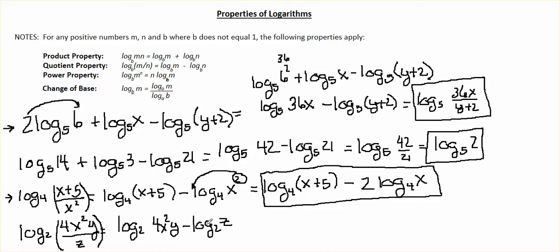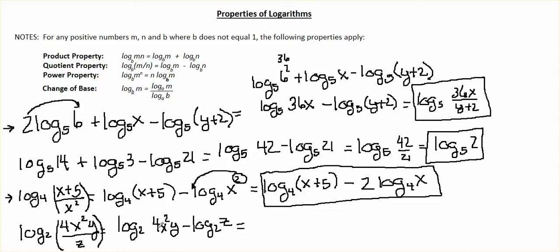So this one's done. But this one has 2 multiplications and an exponent. Before we can use our power property, we need to separate our 4 and our y from our x squared, because that exponent is only being applied to the x, not the 4 and the y. So we can't use our power property until all 3 of these are separated.